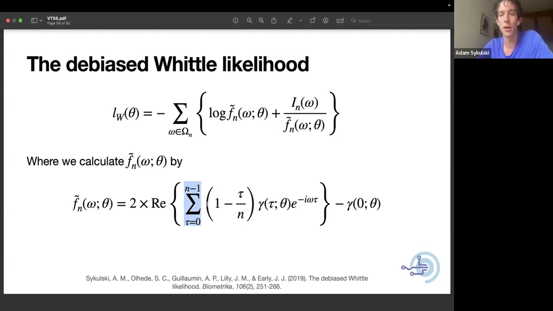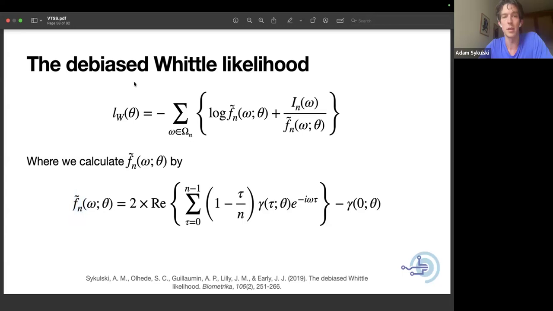This truncation multiplied by this kernel simultaneously accounts for the effects of aliasing and blurring, because aliasing is accounted for by summing rather than integrating, and blurring is accounted for by taking this triangle kernel to correct for the effect of the blurring. And with a simple FFT, we can compute F tilde.